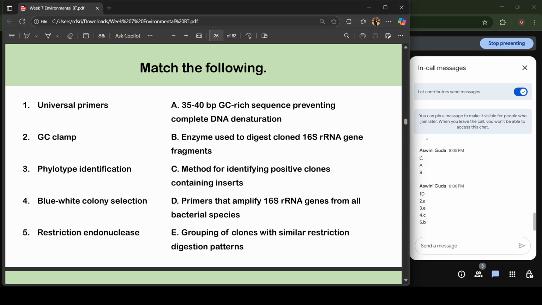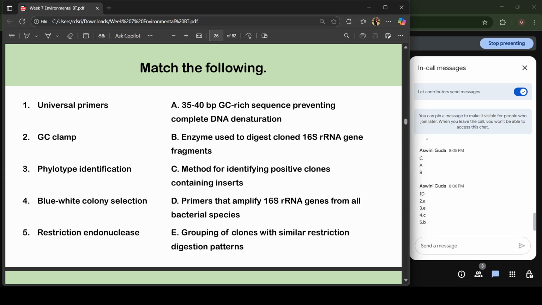Okay. So universal primers are the primers that amplify 16S rRNA genes from all bacterial species. Exactly. So we have the conserved region and we have universal primers which we can use in all the bacterial species for amplification.